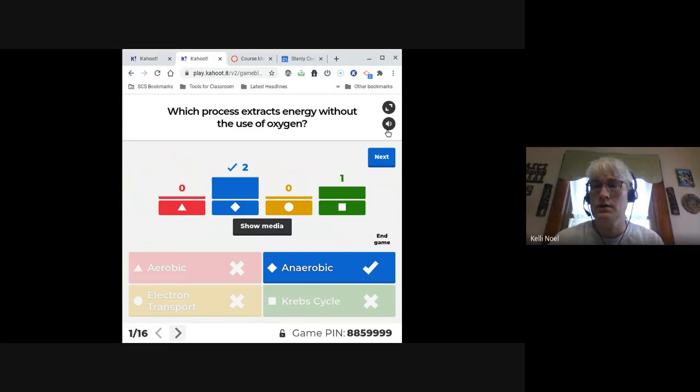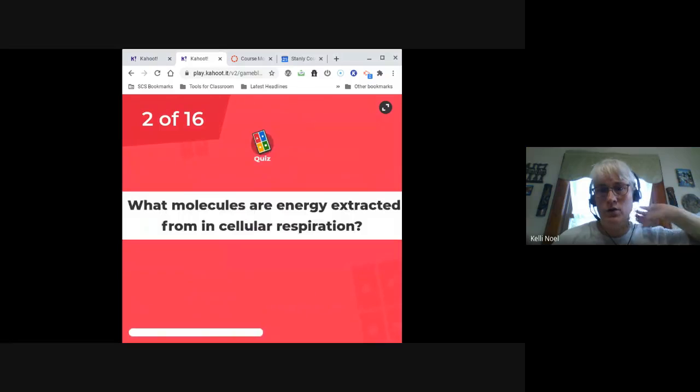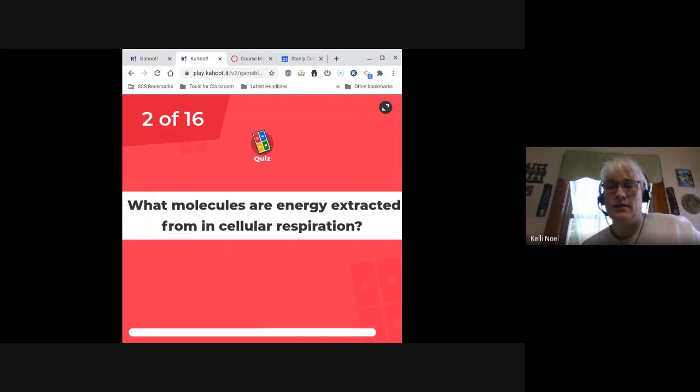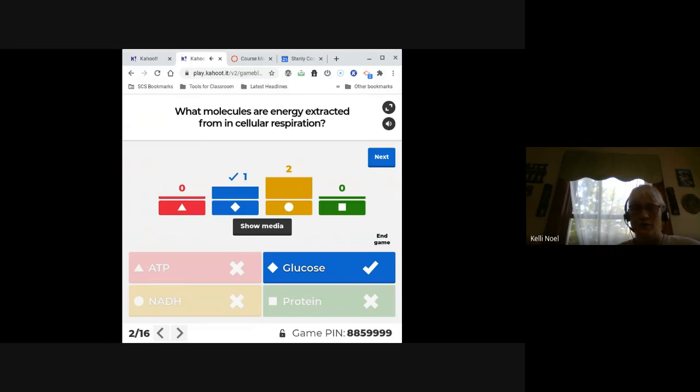Let's go next. What molecules is energy extracted from in cellular respiration? This is a picture of it, and photosynthesis made it. So what was it that photosynthesis made? It's a sugar. All right, glucose.